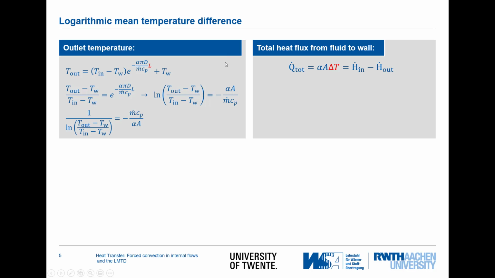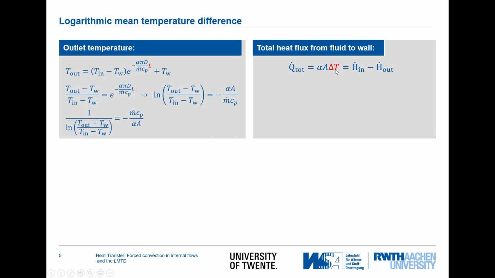The other part is that we want to calculate the total heat flux that is transferred from the wall towards the liquid, or vice versa, with a driving potential. So we relate the total heat flux to the heat transfer coefficient times the area times a required driving potential.